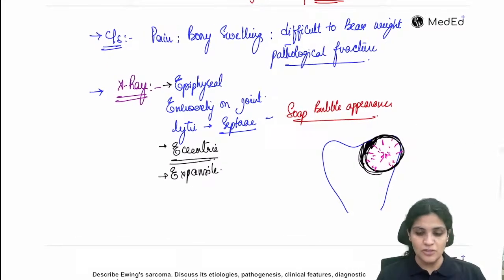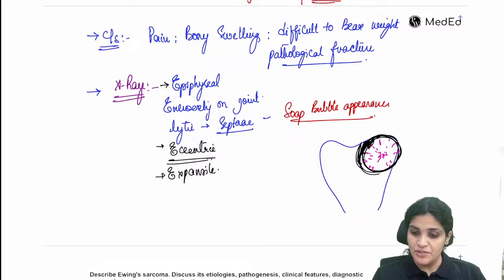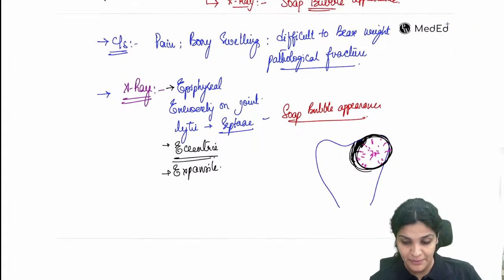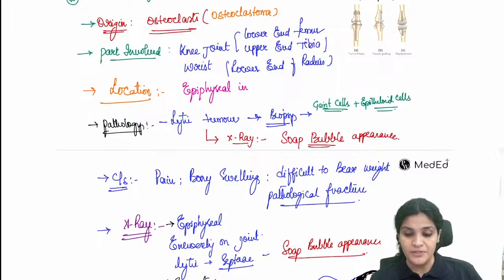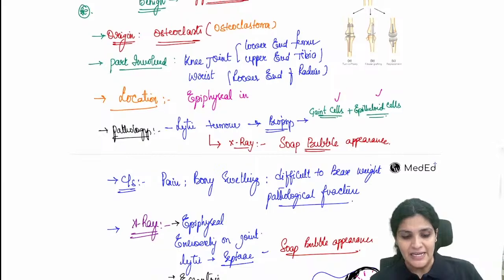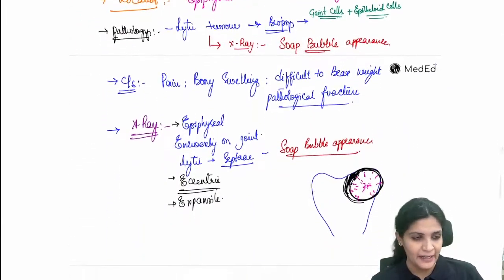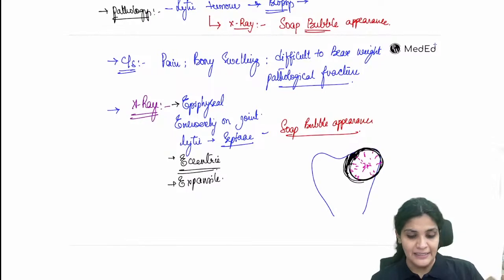So this appears as the soap bubble. After seeing the X-ray, you confirm this as soap bubble appearance, and then you go for biopsy. On the biopsy you see giant cells and the epithelioid cells, which is the diagnosis of a giant cell tumor or osteoclastoma, right? So this is all you're going to write in the exam.